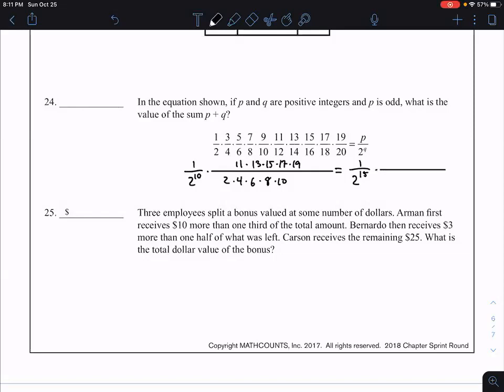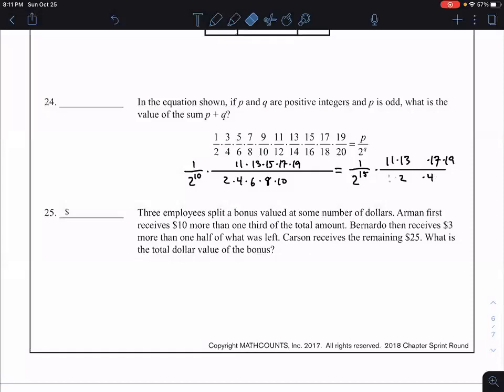And now our fraction looks like 11 times 13, 15, 17, 19 times 1, 2, 3, 4, 5. Now we're going to do some more canceling. We're going to take out this 15 along with the 3 and the 5.